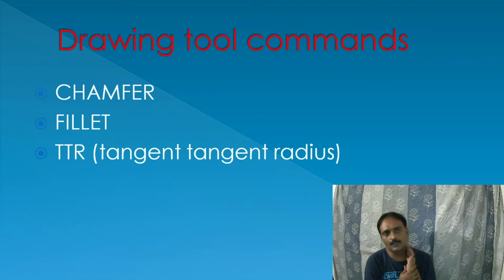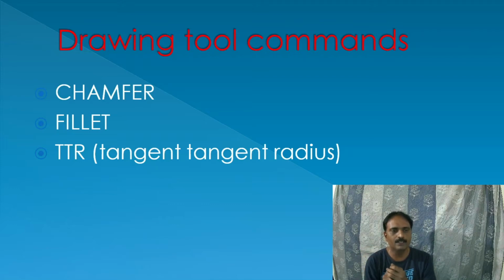So first of all, let me explain you a few drawing tool commands: chamfer, fillet and TTR, tangent, tangent and radius. Chamfer and fillet are related to a particular rectangle. Chamfer means if you consider a rectangle, the corners are going to be cut at a particular distance.